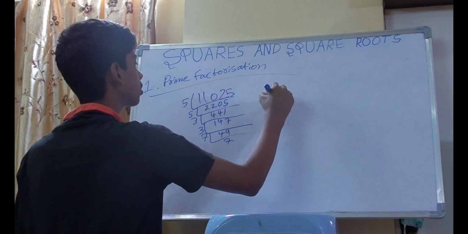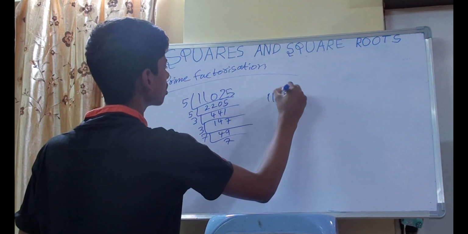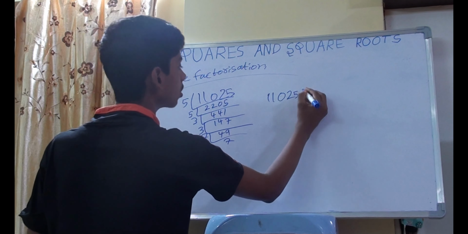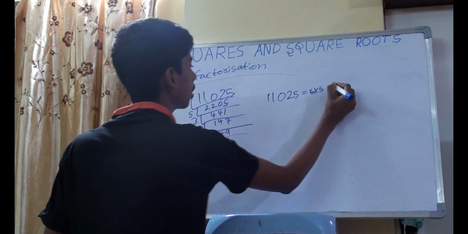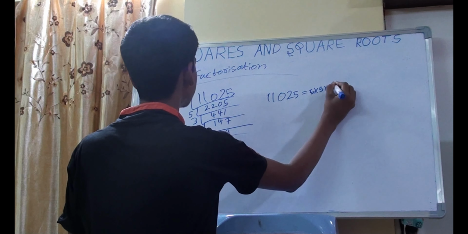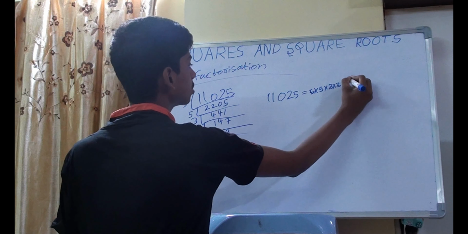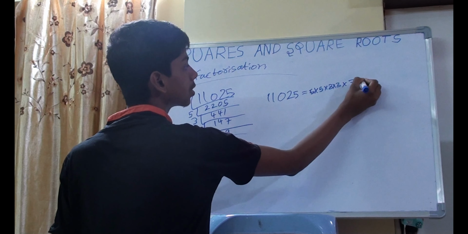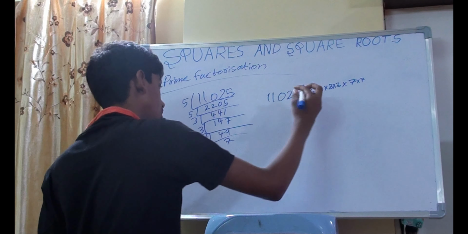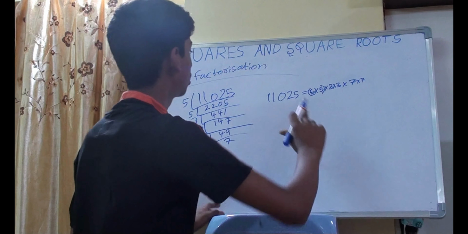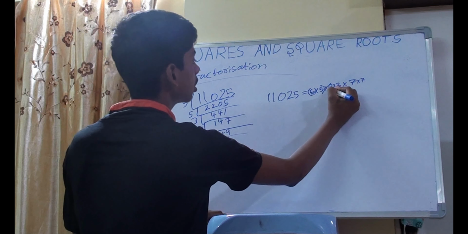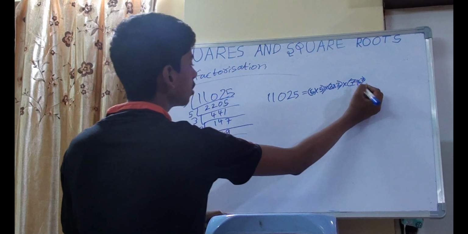So we write it as 11,025 equals 5 times 5 into 3 times 3 into 7 times 7. Here we take the pair of the same number like 5 and 5, 3 and 3, 7 and 7.